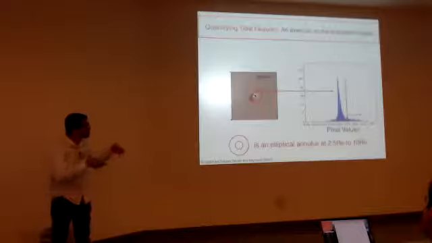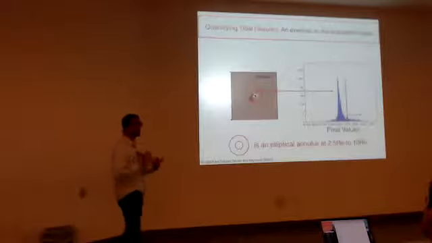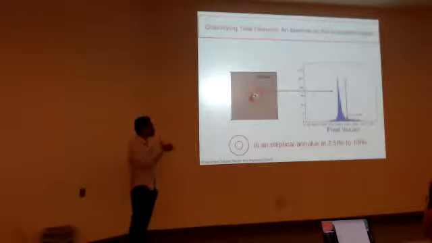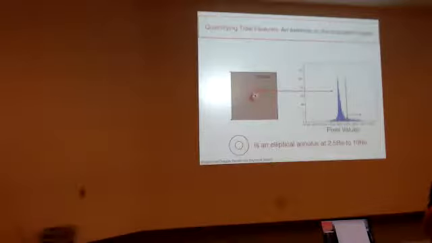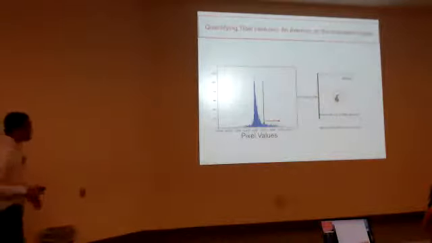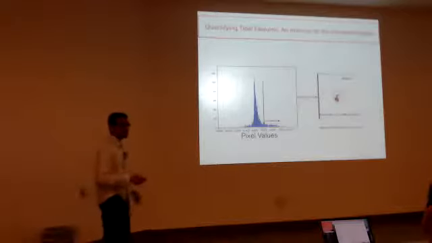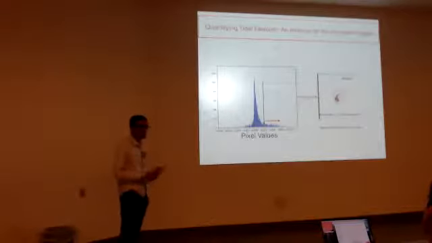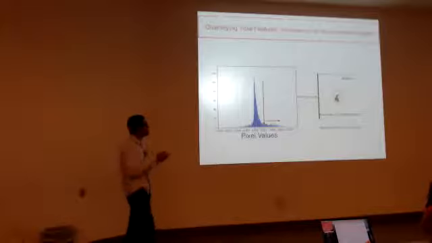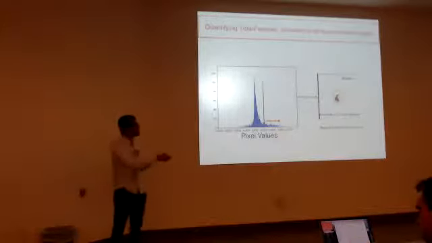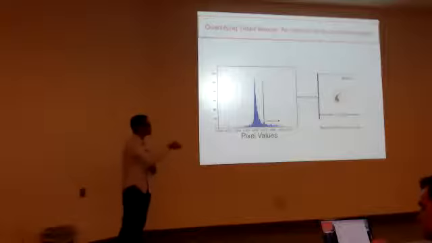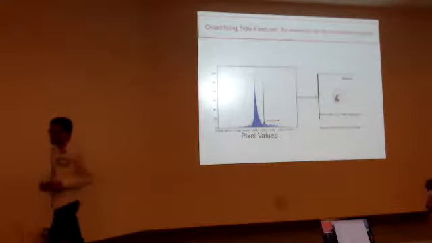And what I do is I perform an iterative sigma clipping process, and I try to pick out only those pixel values that are above my 3 sigma limit over there. And when you mark them, surprisingly, they trace really well the actual tidal feature that is present there. So using that information, I actually quantify the tidal feature in terms of its surface brightness, and right here I'm showing that there.